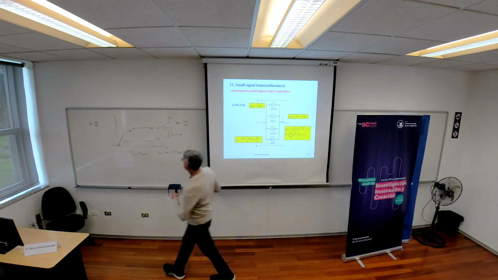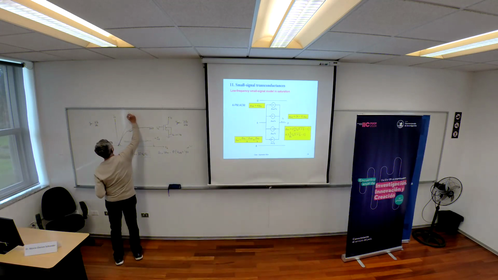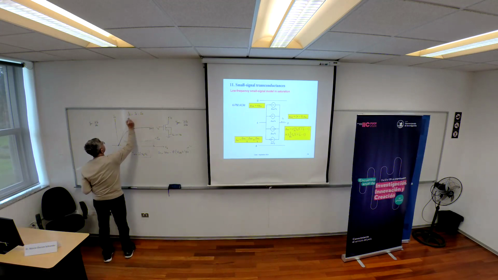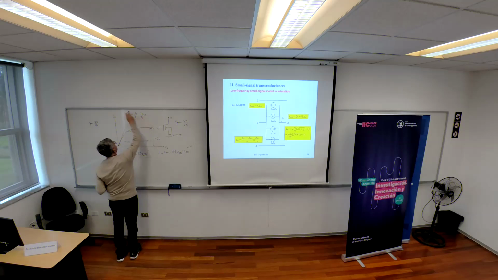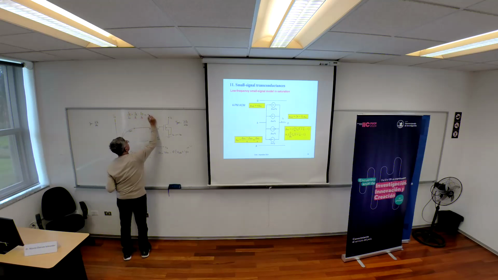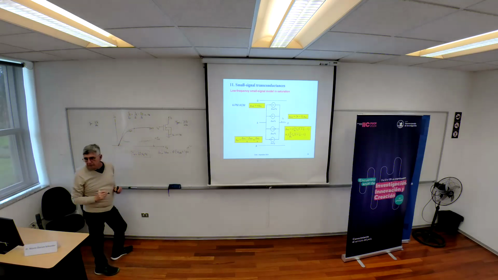Just recall the meaning of the forward and the reverse currents. If I divide by IS here, IS there, and there, this is what we call the normalized drain current.